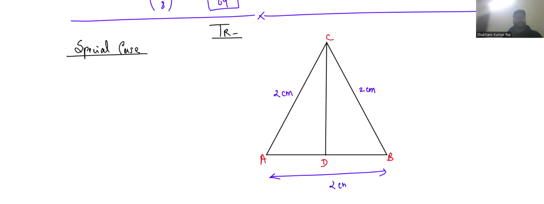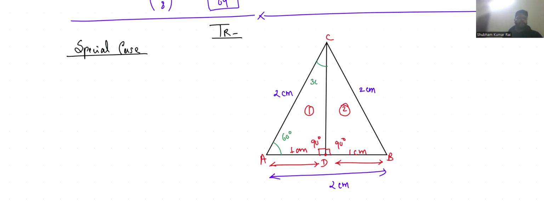But if I make a perpendicular, from here to here it will now be 1 centimeter. And from here to here, it also will become 1 centimeter, right? Now, it is making a right angle triangle. So here we can see that 2 right angle triangles are made. Now, let us suppose that this angle which is made has an angle of 60 degree, right? And here we have an angle of 30 degree, okay?